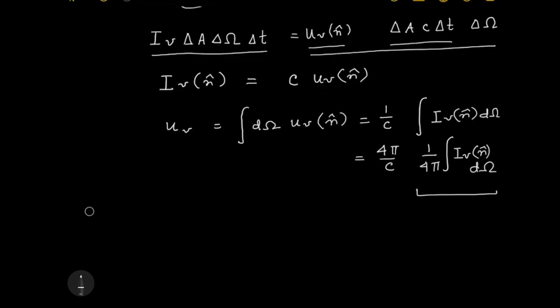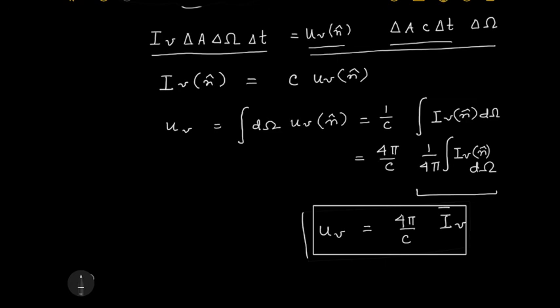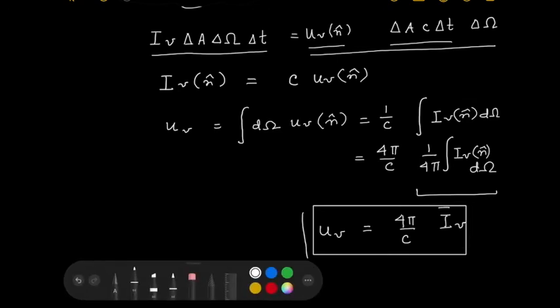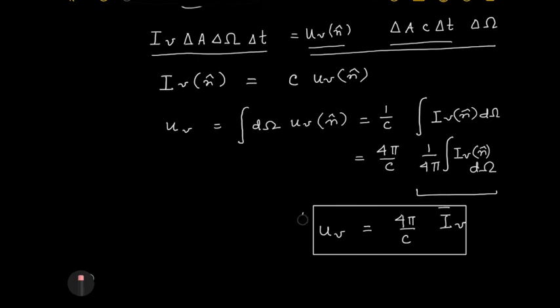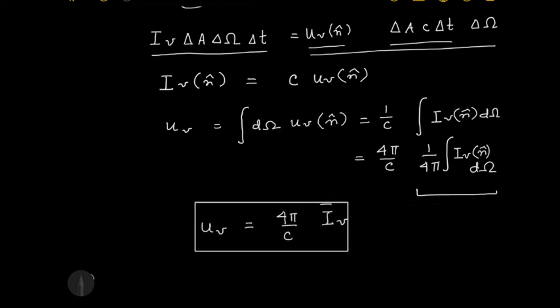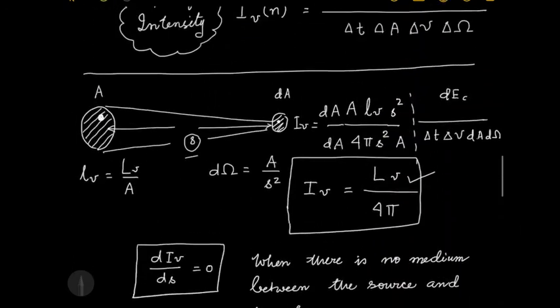This quantity I can call the intensity averaged over all the solid angle. So it's the average specific intensity. So the total U nu, over all the solid angle, is related to the average specific intensity in this way. In fact, that average specific intensity is the specific intensity if the radiation is isotropic. So I get this nice relation. So let us keep it in the middle, and we'll stop today's discussion there.